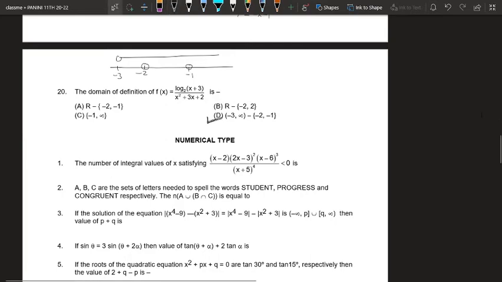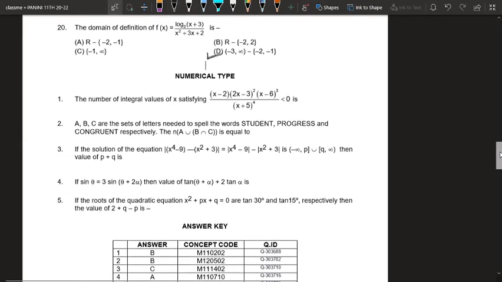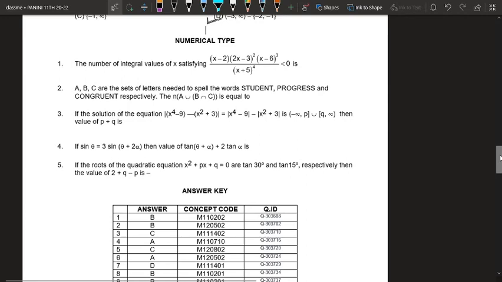Okay, next is the number of integral values of x satisfying this, which is less than 0. We just put all these things on the number line.